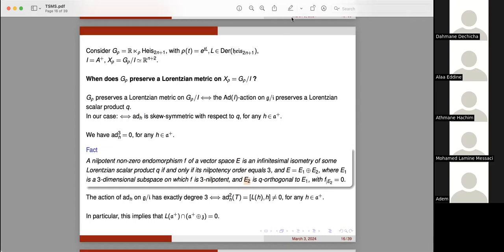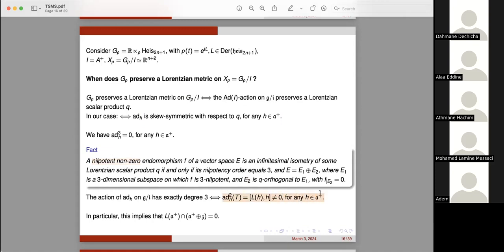So this is non-Riemannian. An infinitesimal isometry of a Riemannian scalar product, if it is nilpotent, then since it is semi-simple, it will be trivial. So a nilpotent non-zero endomorphism does not happen in the Riemannian setting, it happens in the Lorentzian setting. And the fact that the adjoint action has degree exactly 3 will give some restriction on L, which we write like this.